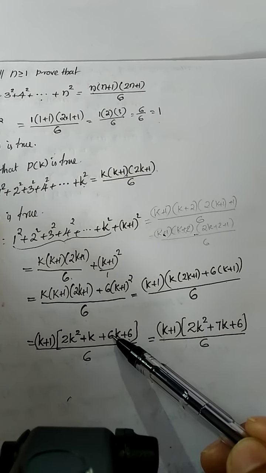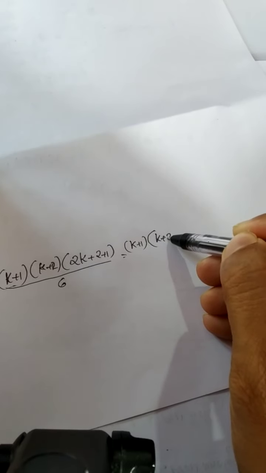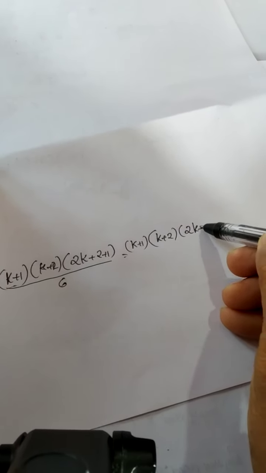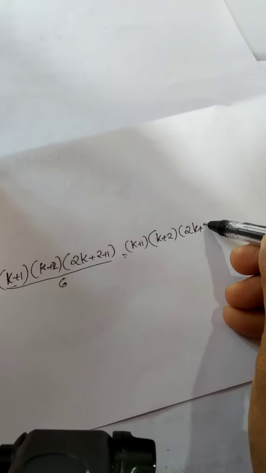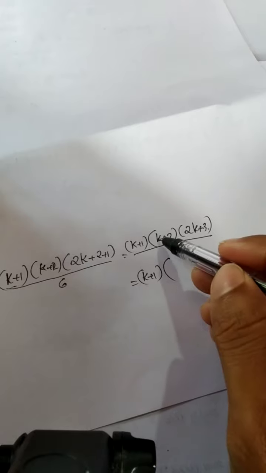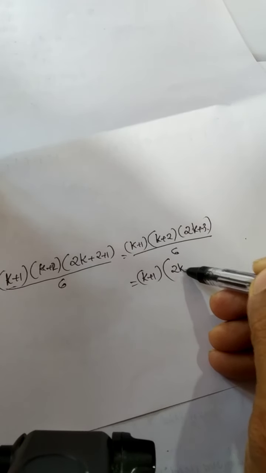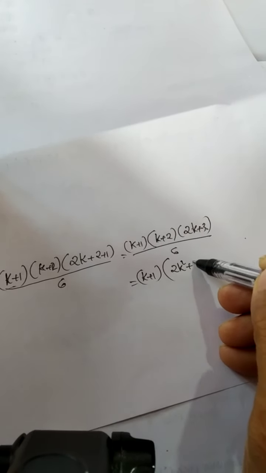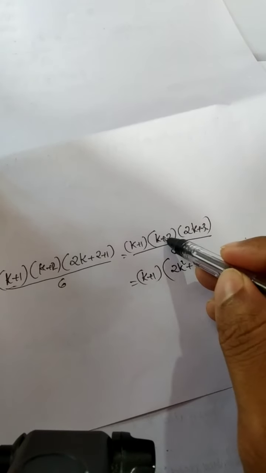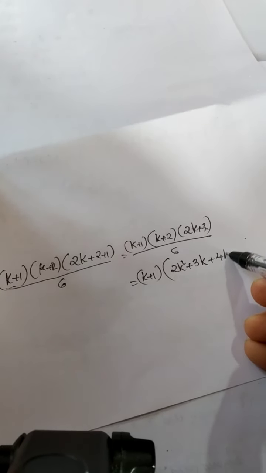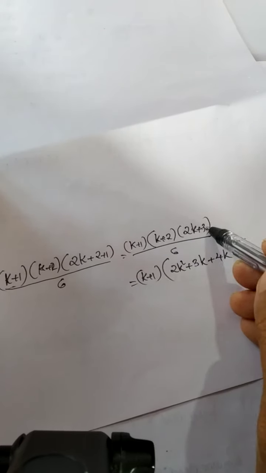So k plus 1 is outside, and (k plus 2) into (2k plus 3) divided by 6. How can we multiply these two terms? k into 2k is 2k square, k into 3 is 3k, 2 into 2k means 4k, and 2 into 3 is 6.